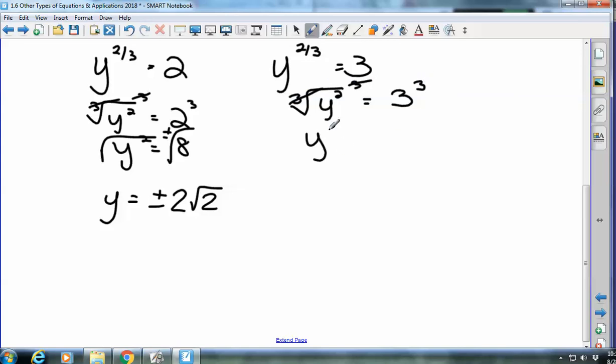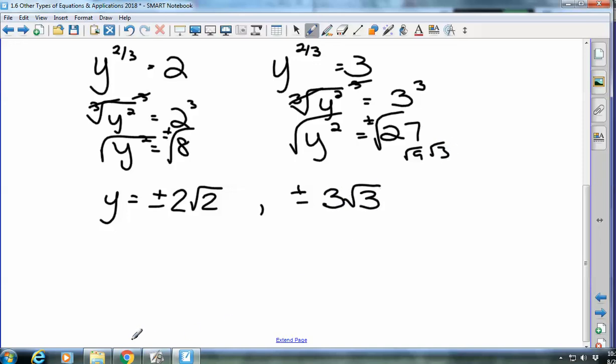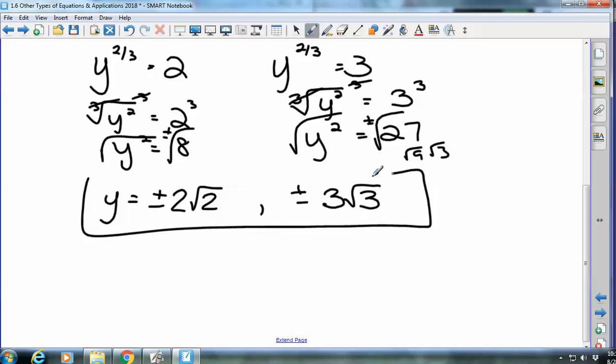Get rid of the cube root, the cube. So I get y squared equals 27. Get rid of a square, we square root. Plus or minus. 27 you could break into 9 and 3, so we get 3 radical 3, right?